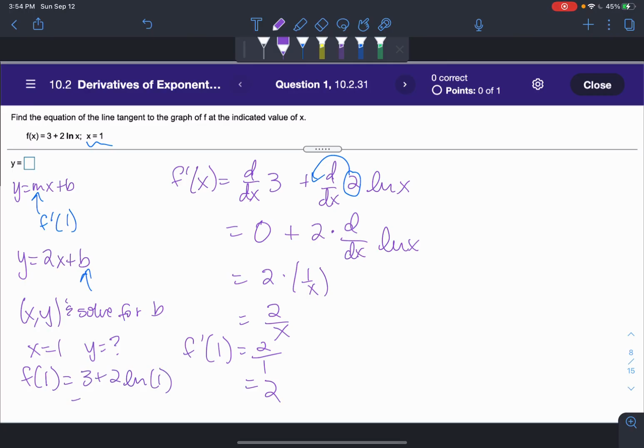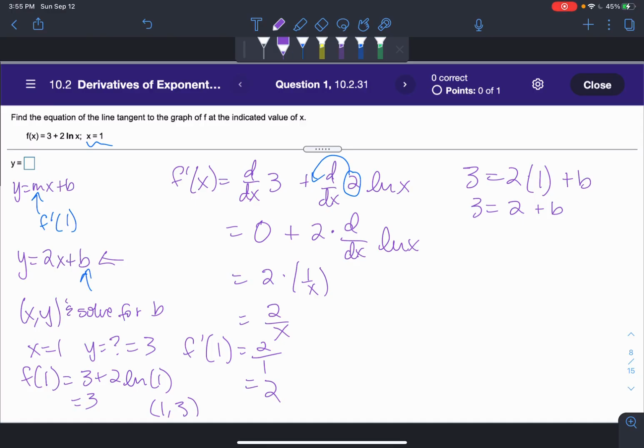Put that in your calculator, or know that the natural log of 1 is 0. So my point here is 1 comma 3. So let's plug that into our equation of our tangent line. So 3 is equal to 2 times 1, and then plus b, and now we can solve for b.